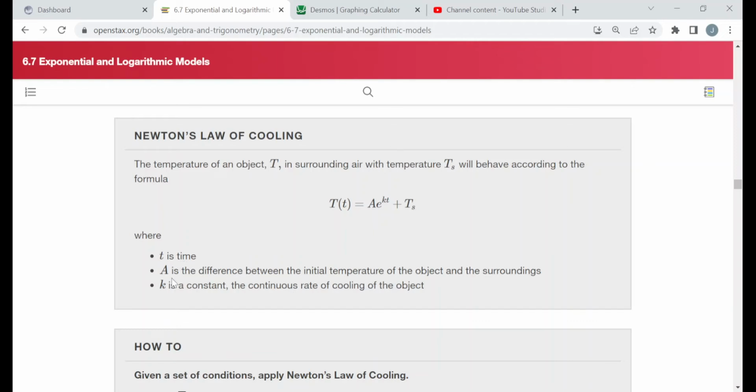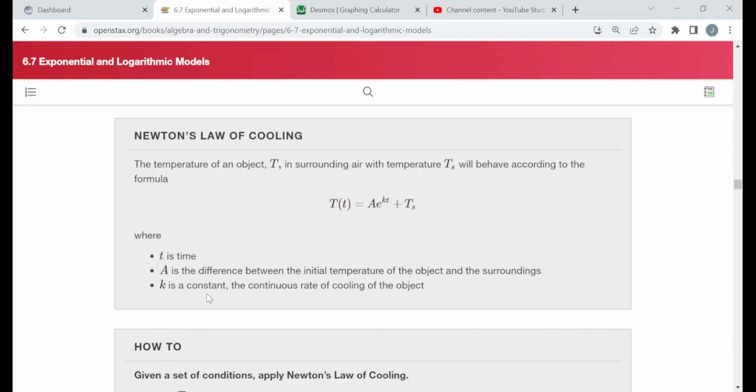Capital A represents the difference between the initial temperature of the object that is cooling and its surroundings. T sub S represents the temperature of the surroundings, the temperature of the room or a pool of water or whatever the object is in. And this T sub S, for our purposes, will remain constant.